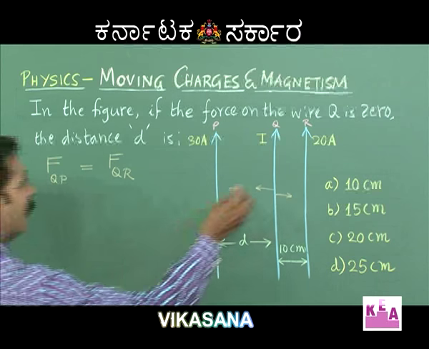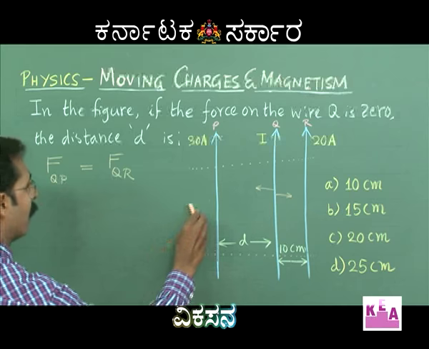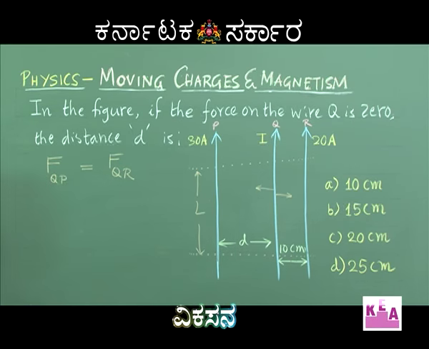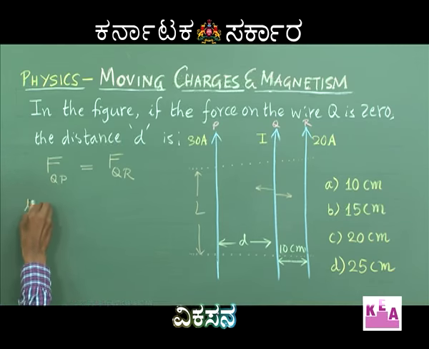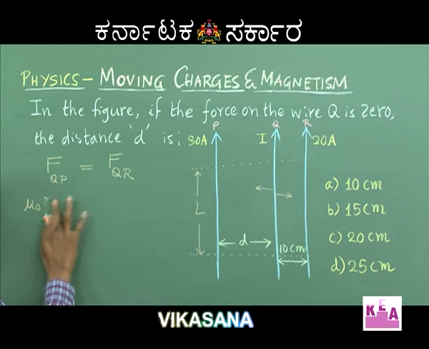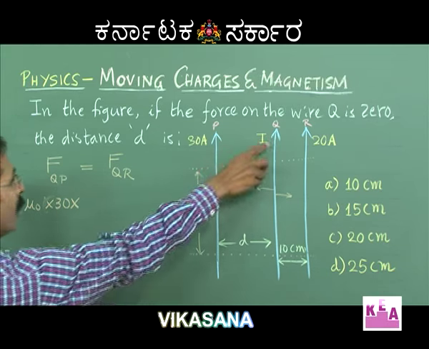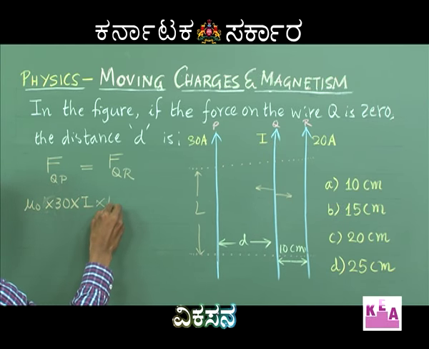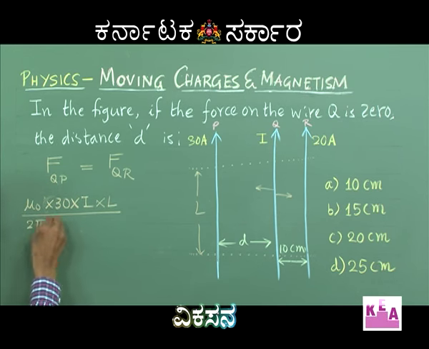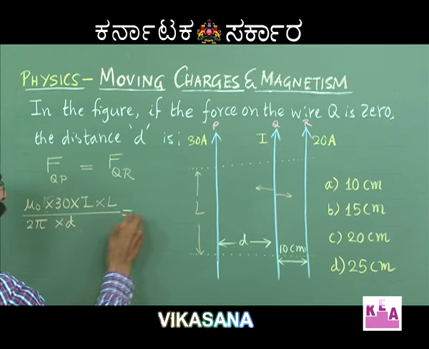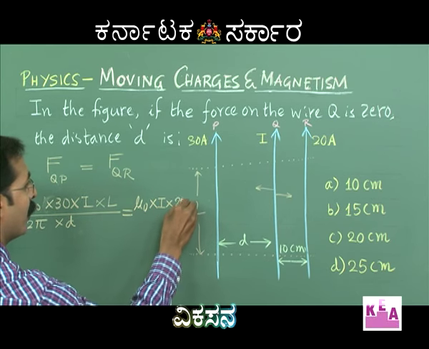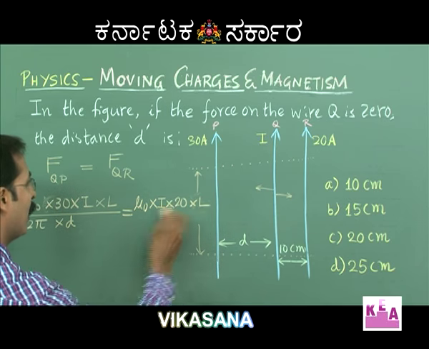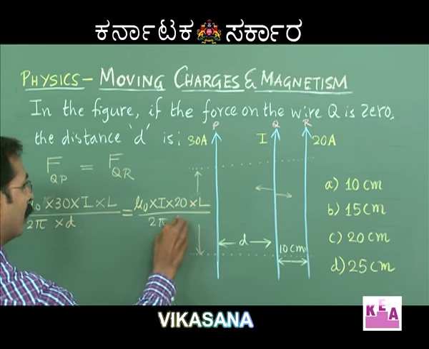Let us consider a part of the wire like this, L. The force between two parallel currents is given by mu naught I1 I2 divided by 2 pi R into L. Force on Q due to P is given by mu naught into I1 is 30 amps into I2 is I into L is length divided by 2 pi into distance is D, must be equal to mu naught into I1 is I into I2 is 20 into L divided by 2 pi into that distance is 10 centimeter.